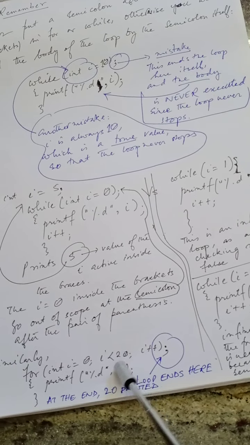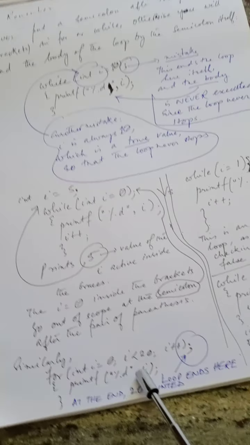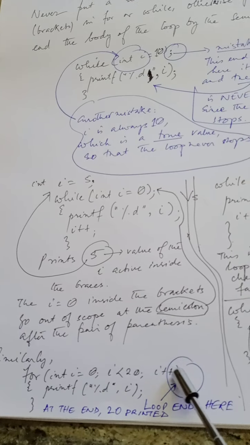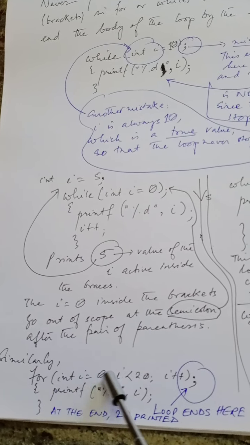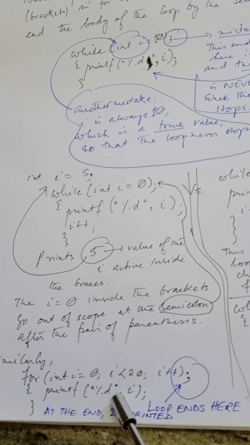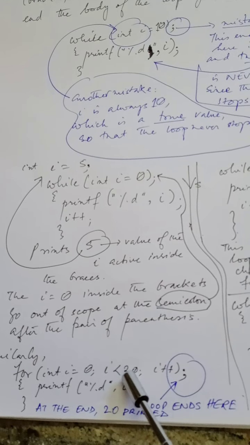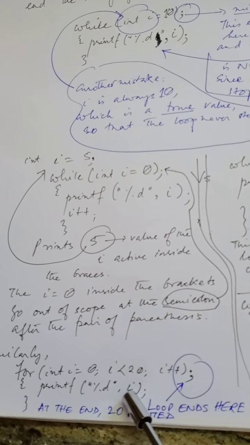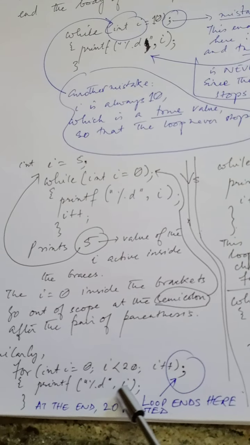Okay. However, because this I does not exist, because this is int I equal to 0, this has actually ended here, the scope of this I. So when this happens, it does not print a 20.